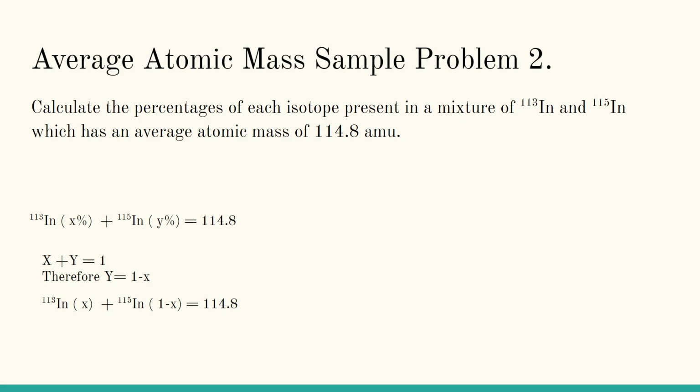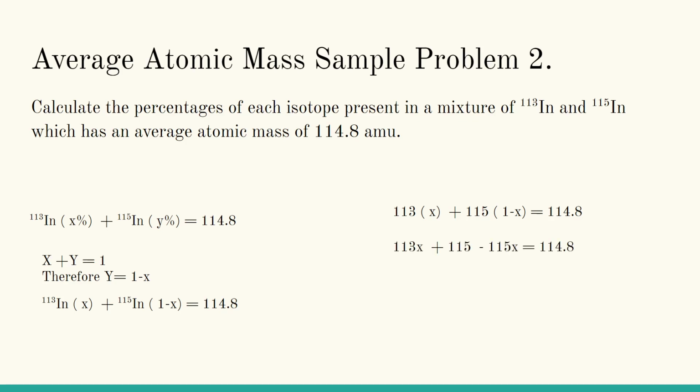So what we can do is plug in 1 minus X, and multiply our numbers through. So we're going to take 113, multiply that times X, then take 115 and multiply that by 1 minus X, and all of that's going to equal 114.8.